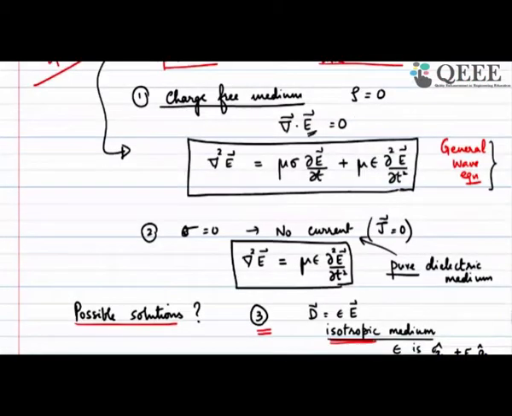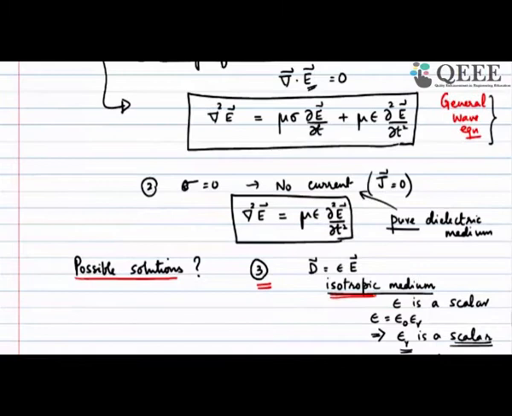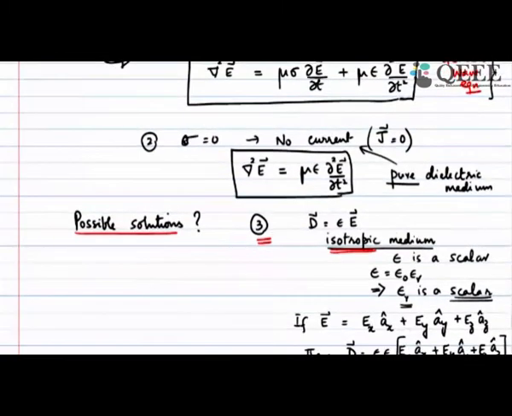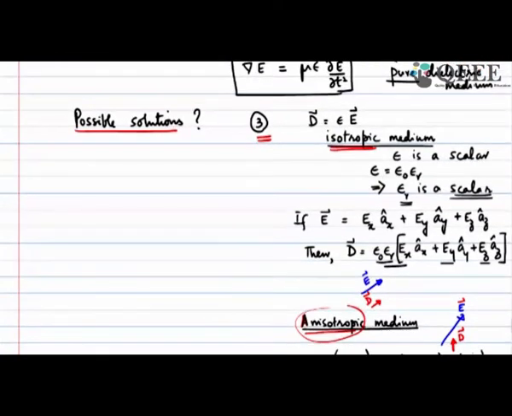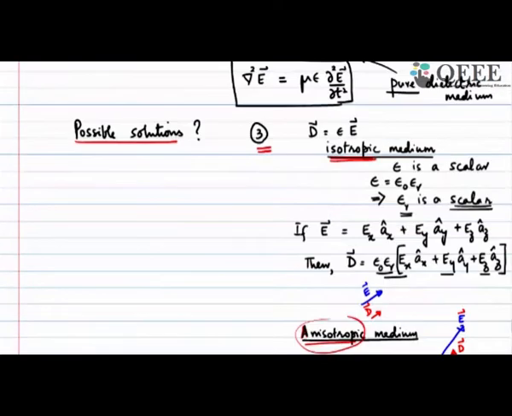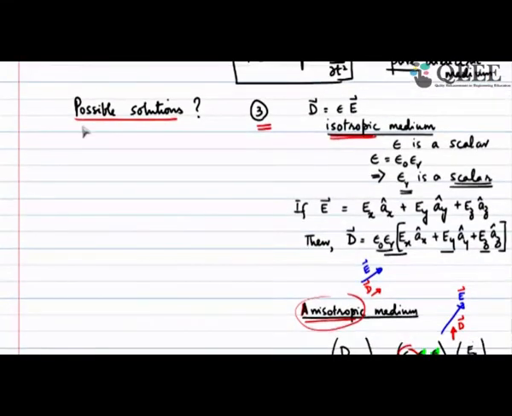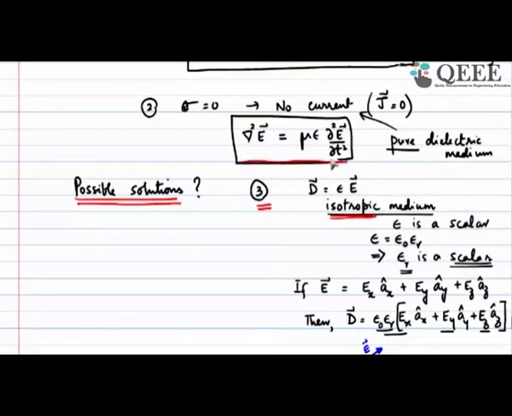First assumption, we said it is a charge free medium. Second assumption, there is no current. Third assumption, it is an isotropic medium. Under these conditions, we are asking ourselves the question, what are the possible solutions of the wave equation?